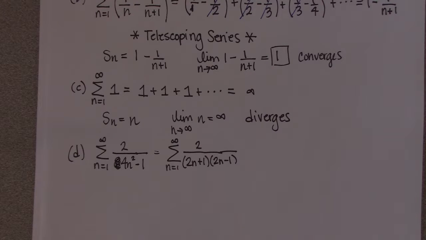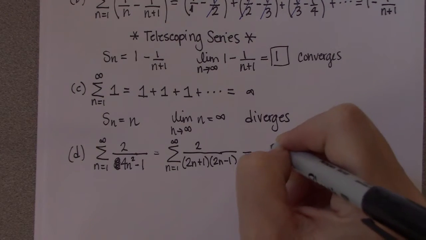I can split this up to be either the sum or the difference of 2 fractions. And I might have a telescoping series here because that stuff in the denominator is really, really close. And if n is 1, this term on the left just becomes 3. If n is 1 here, this term becomes 1. And if I'm in a situation where I'm wiping stuff out and it's telescoping, it's really easy to find the sum.